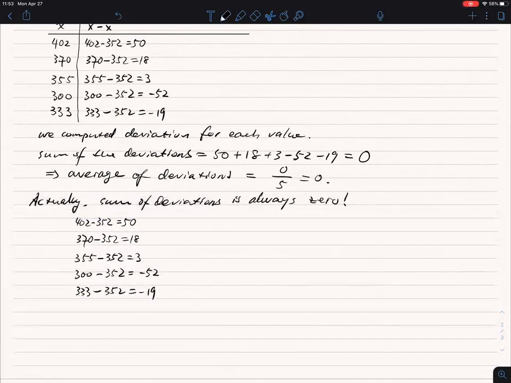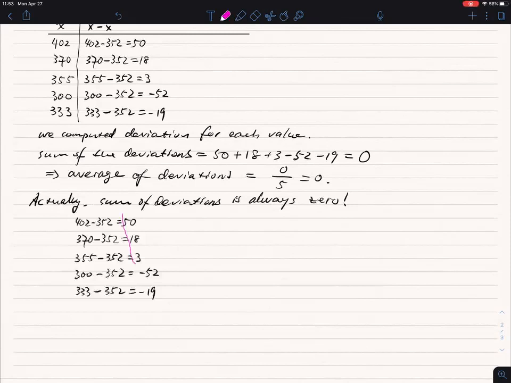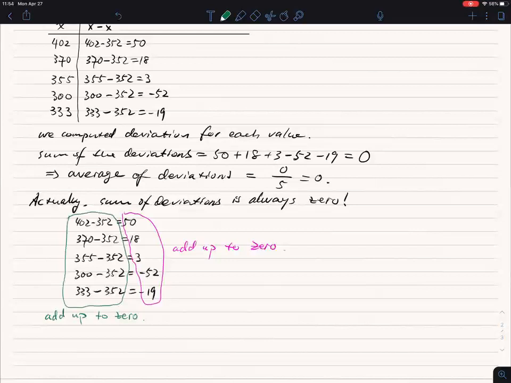You see that the right-hand side adds up to 0, which means the left-hand side also adds up to 0. Why does the left-hand side also add up to 0?